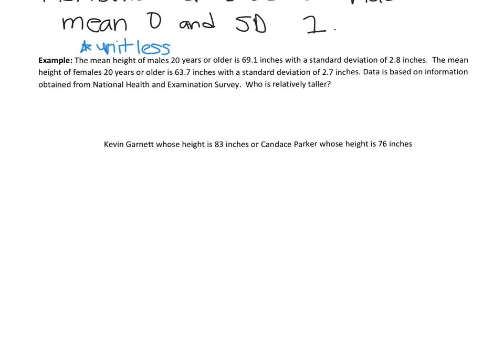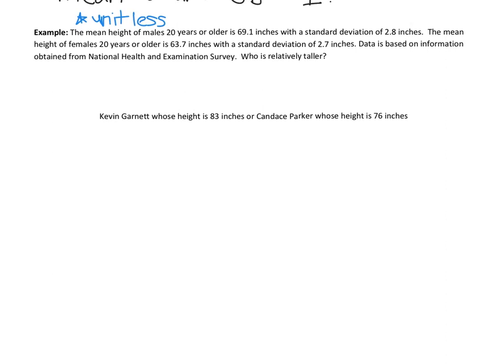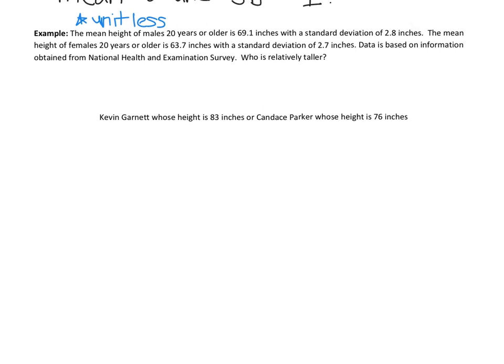So let's look at an example with actual numbers. We're looking at basketball teams. The mean height of males 20 years and older is 69.1 inches with a standard deviation of 2.8 inches. The mean height of females is 63.7 inches with a standard deviation of 2.7. We want to know who is relatively taller.